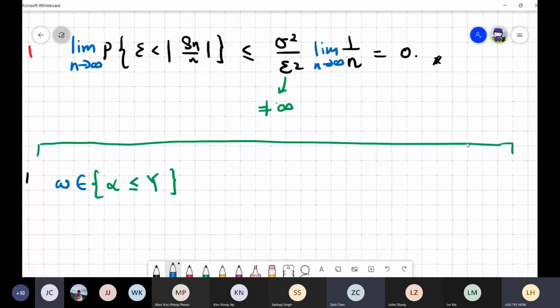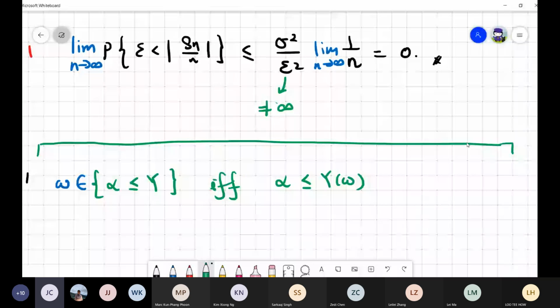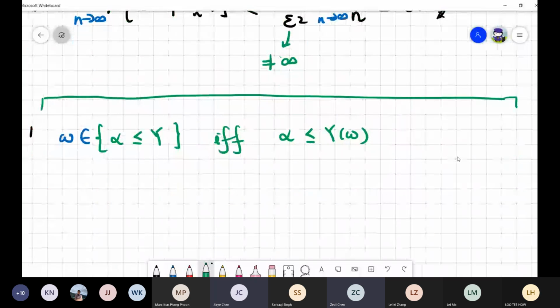It means that Y of omega is larger than alpha. Okay, this is the case over here.